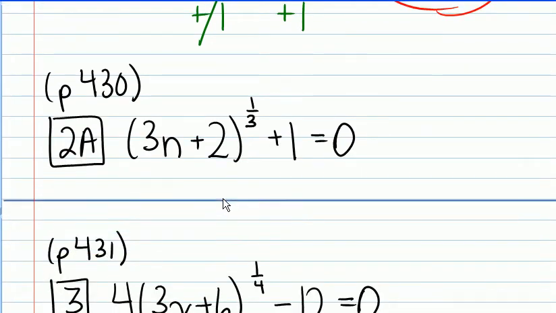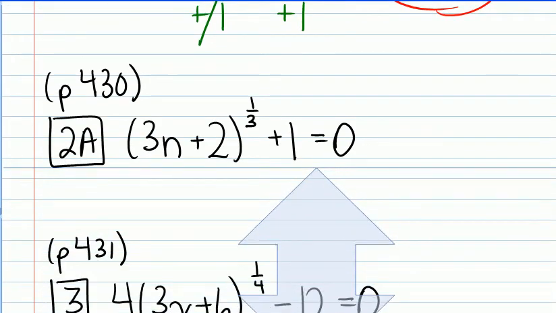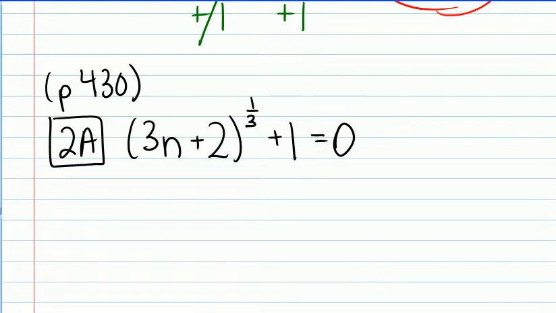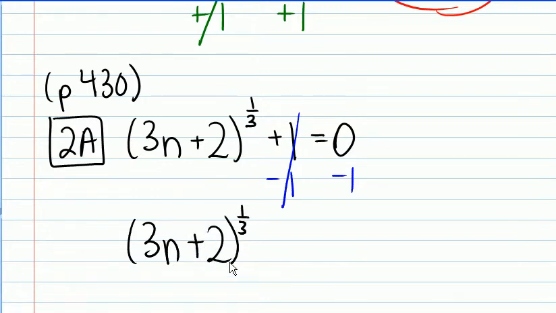So for problem 2a, your first step is to subtract the 1. A negative 1 is okay this time because it's the cube root. It's an odd root. Odd roots are allowed to equal negative numbers. So we cube both sides. The cube and the cube root cancel.